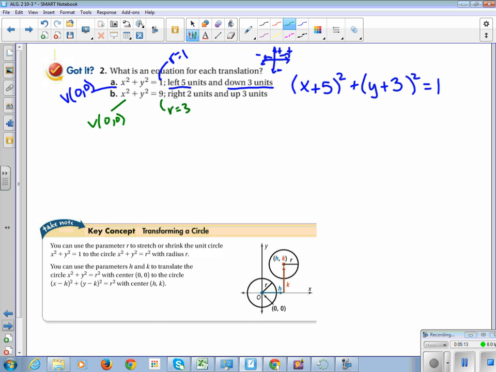So we're going to open up our circle equation. The radius remains the same, it's 3 squared or 9. And we're going to go right 2 units. Right is normally positive, but we are all opposite inside these parentheses. Up is usually positive, so inside the parentheses you're going to go opposite.